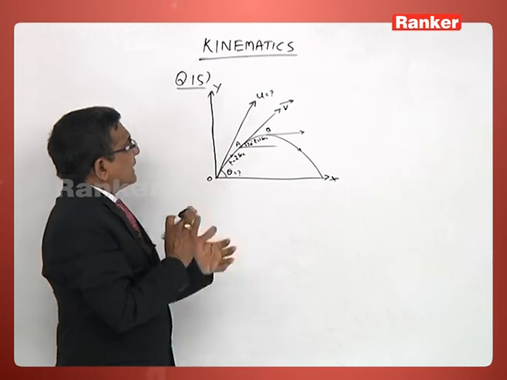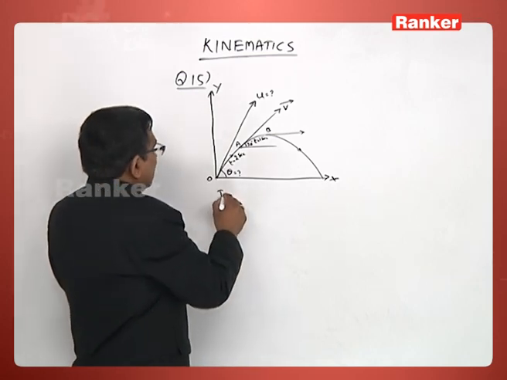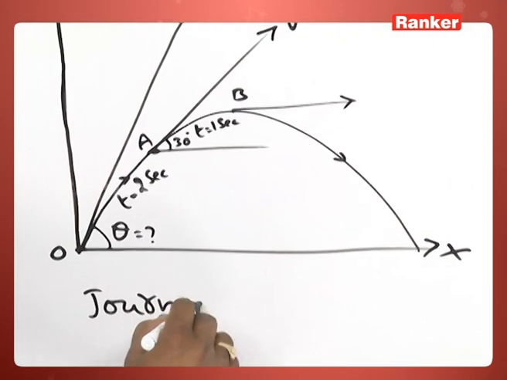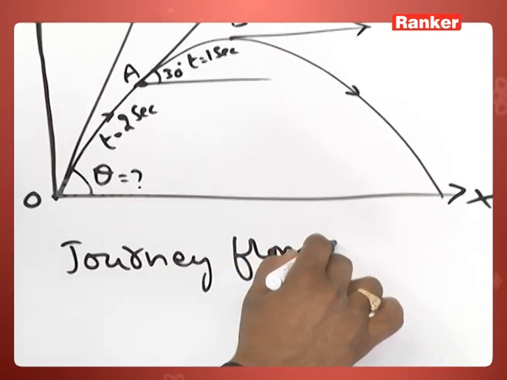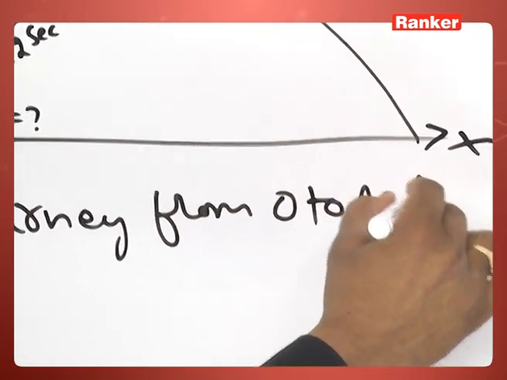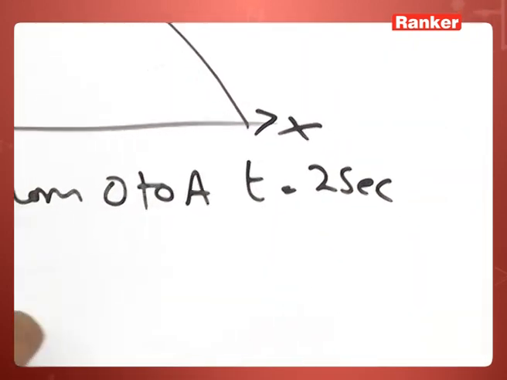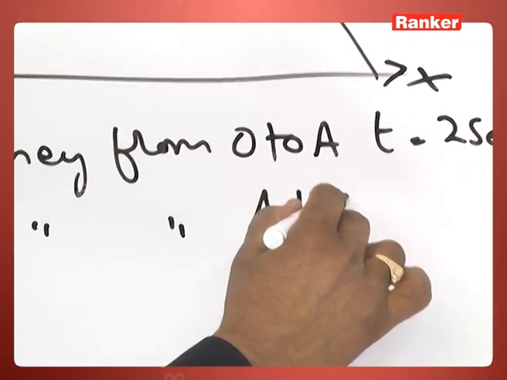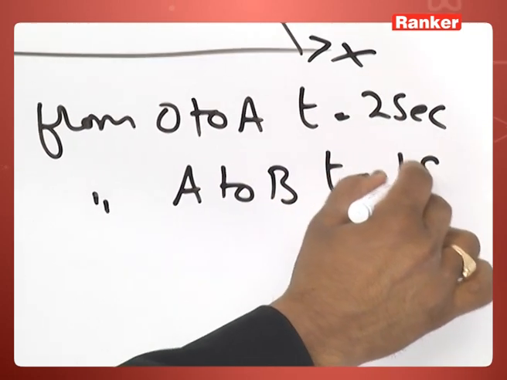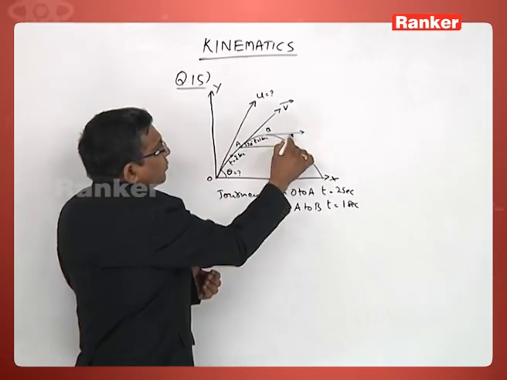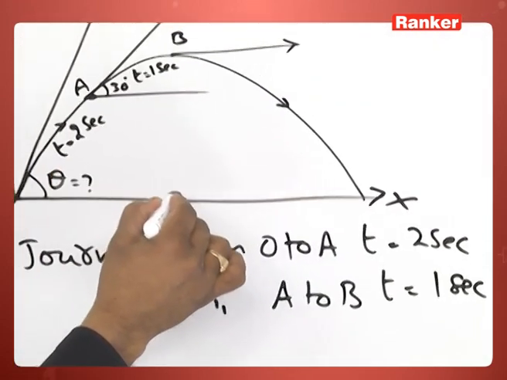So, consider the journey from O to A. Time taken is 2 seconds. And consider the journey from A to B. Time taken is 1 second. Here it is moving horizontally, which means it is at the highest point.